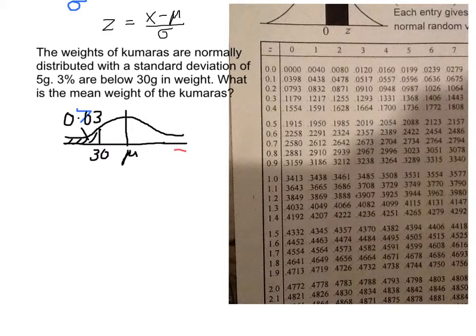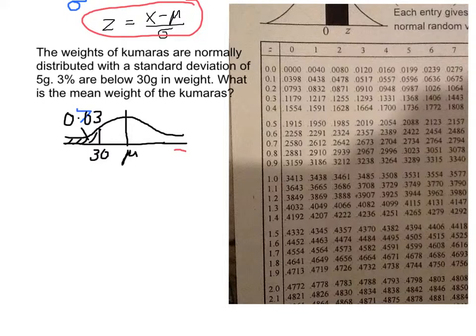So these are often Excellence problems that are asking you to find the mean or the standard deviation. And we use this formula at the top of the page. The z value equals x, take away the mean, divided by the standard deviation.